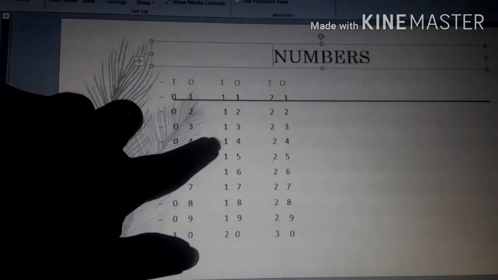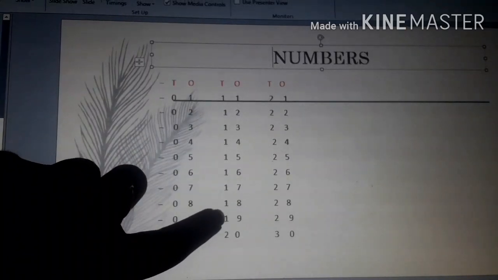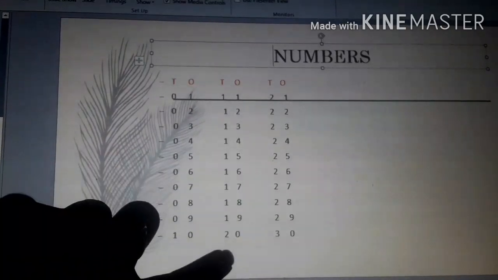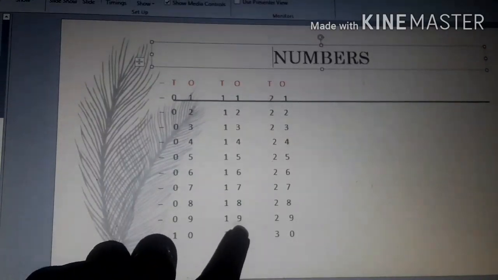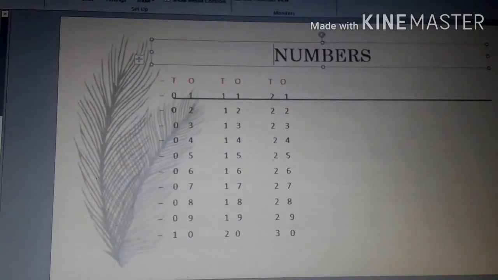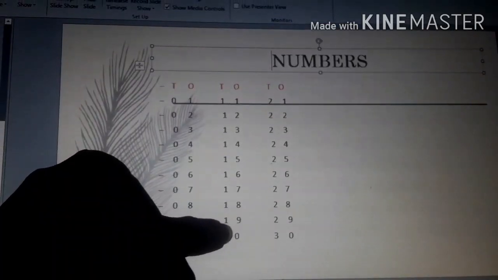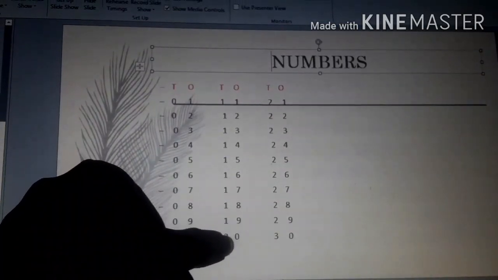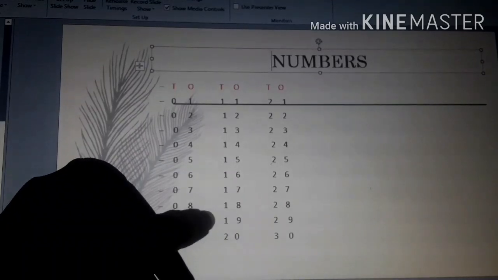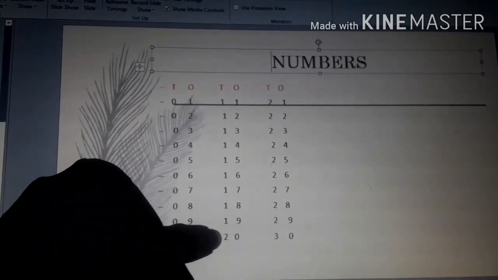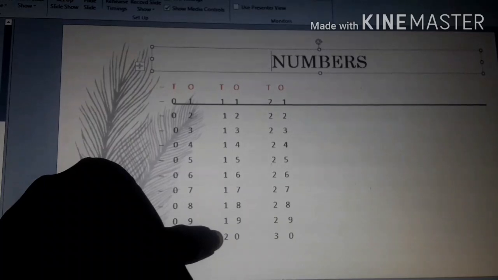The tens place, that is 1, remains the same. Okay? And last, after 9. Now this 9 is really a trouble, children. After 9, what will come? After 9 will come 0. Okay? And 1 turns to the next number, 2.